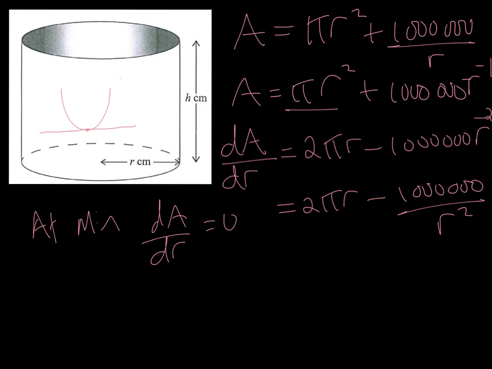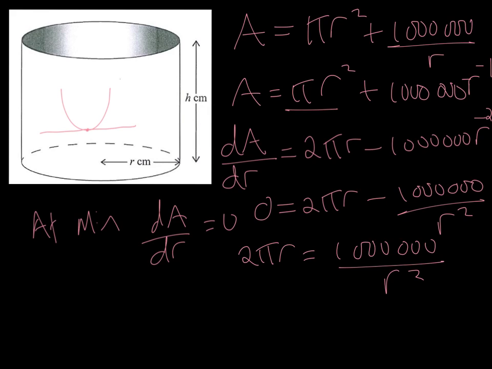So if we set the derivative dA by dr equal to 0, we can actually solve it. So this is our derivative here, so we can actually set that to equal to 0. So we'll say 0 equals 2 pi r minus 1,000,000 over r squared. So we can then rearrange that and say 2 pi r equals 1,000,000 over r squared.